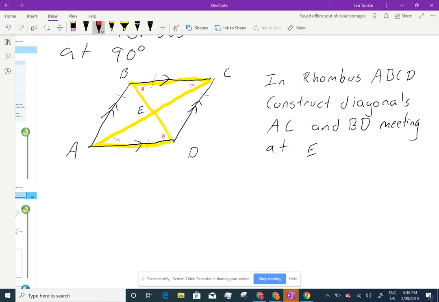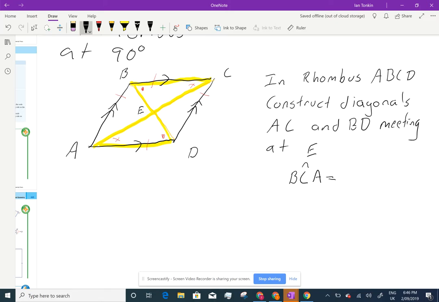Now if I can prove they're congruent, you watch what happens. So let's start with the top triangle, B, C, E. Well, let's call it BCA. Doesn't matter if we go all the way down there.